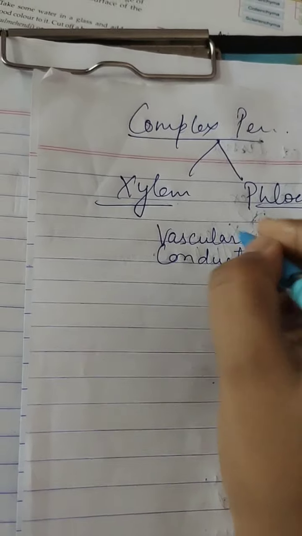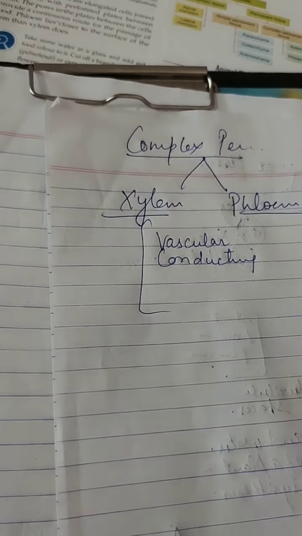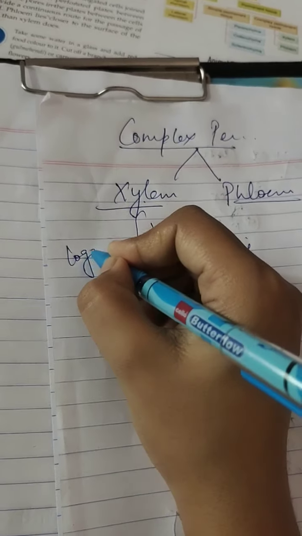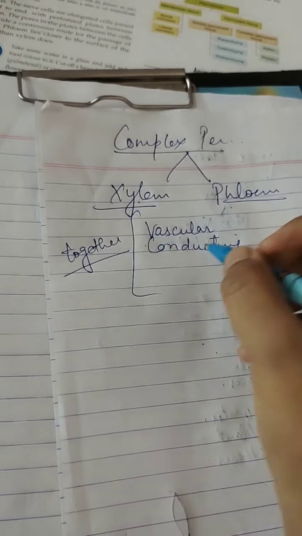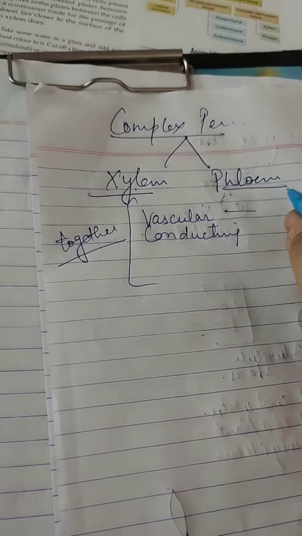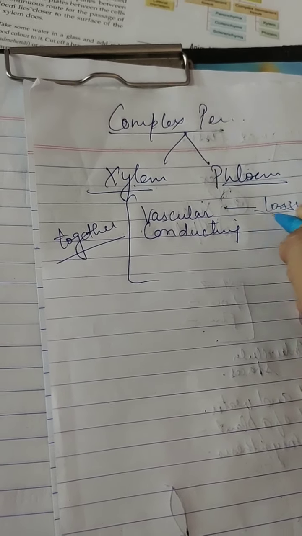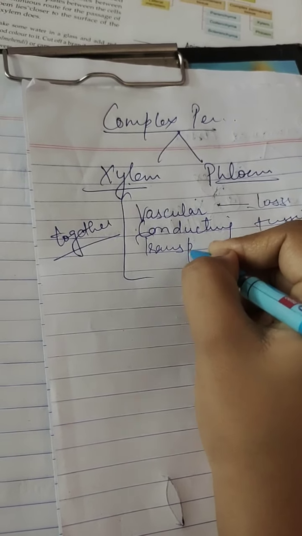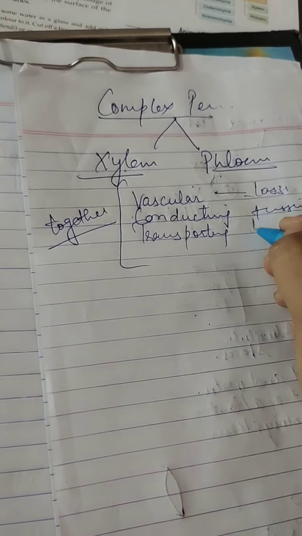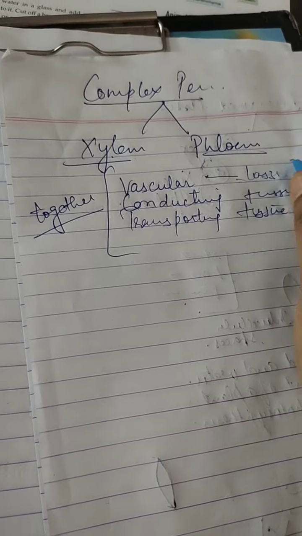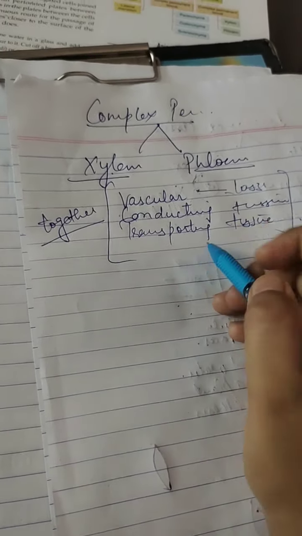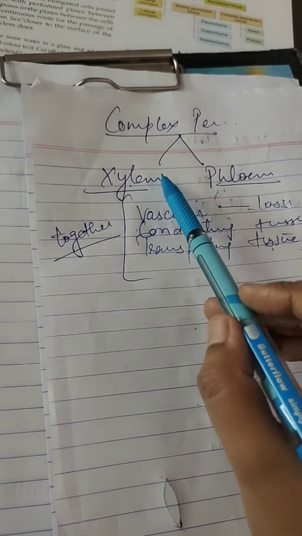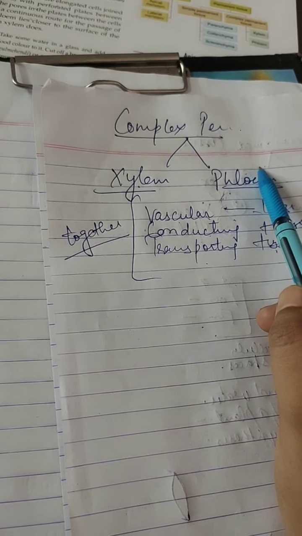You have to understand the different names of xylem and phloem. Collectively it is known as vascular tissue, conducting tissue, transporting tissue. In the exam they can ask, name the vascular tissue, name the conducting tissue, name the transporting tissue. So you will write the answer xylem and phloem.